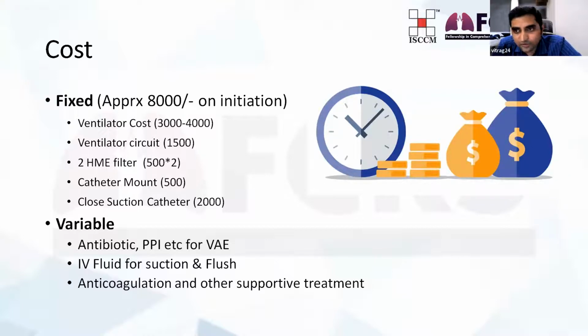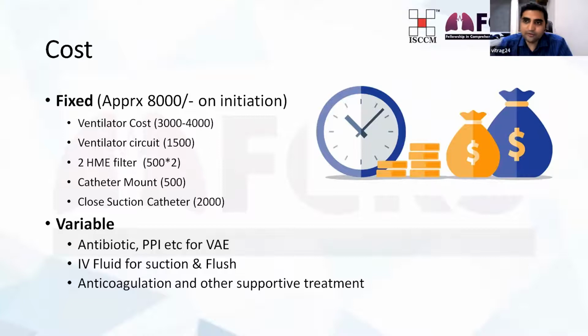Then 2 HME filters which will be used, one on the expiratory end and one on the patient end. So 500 into 2 HME filters, then 1 catheter mount to give more flexibility. That adds another 500 rupees, and closed suction catheter is ideally advised if the patient is going to require a ventilator for more than 48 hours, which costs approximately 1,500 to 2,000 or beyond that.